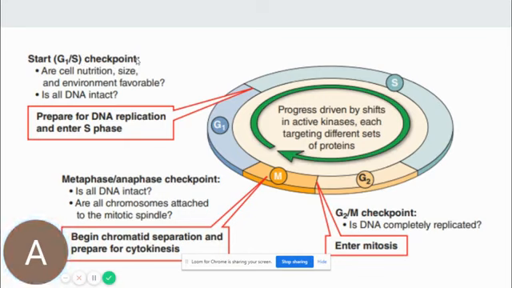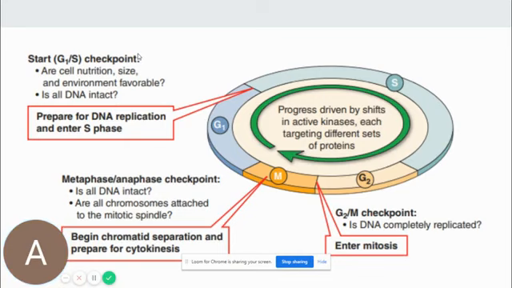No, because like for example, like we discussed earlier, G1 is the growth phase where the cell accumulates enough nutrition for it to be able to grow to a substantial size before the DNA can replicate, so that when the cell divides, it already has enough mass in it so that it can survive on its own. Is all DNA intact? Okay, if it is, then the cell can prepare for DNA replication and enter the synthesis phase.